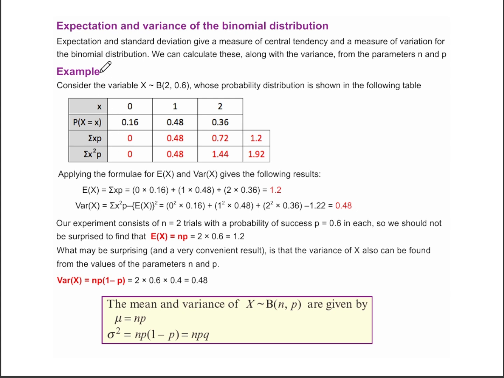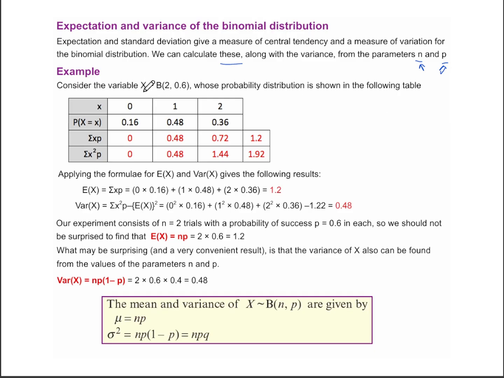We now move on to the expectation and the variance of the binomial distribution. And we can calculate both of these from just the parameters n and p, which was the number of independent trials and the probability of success in one of those trials.